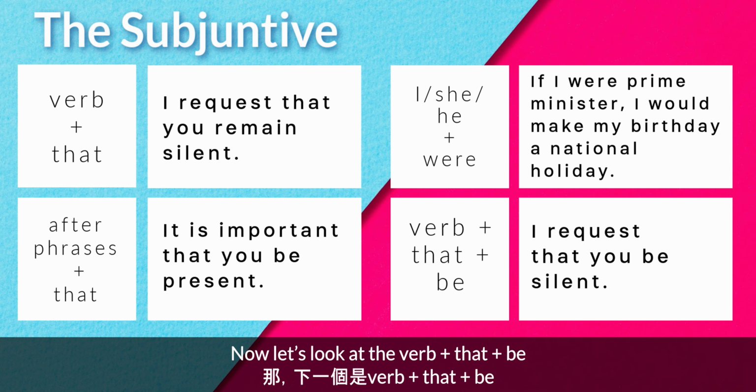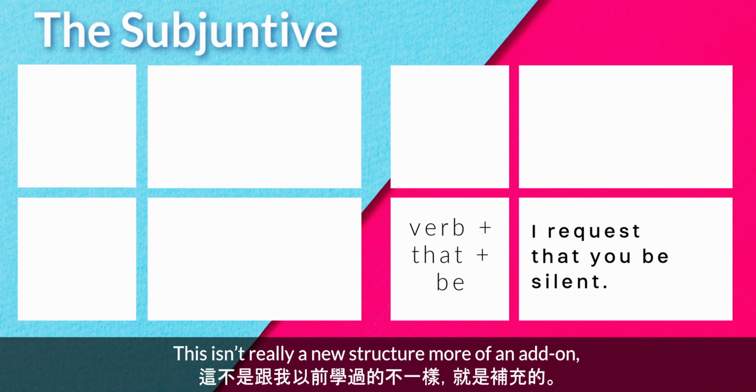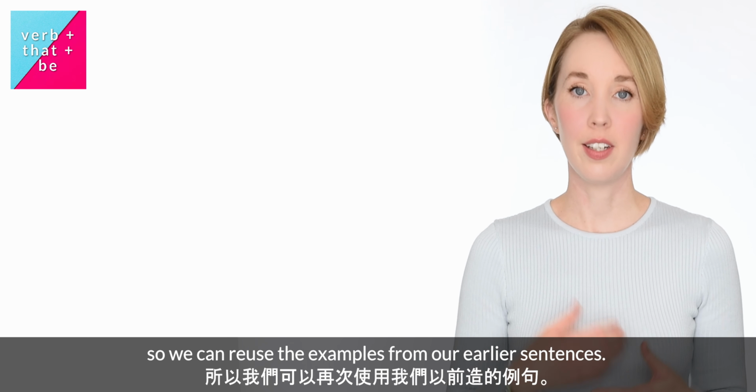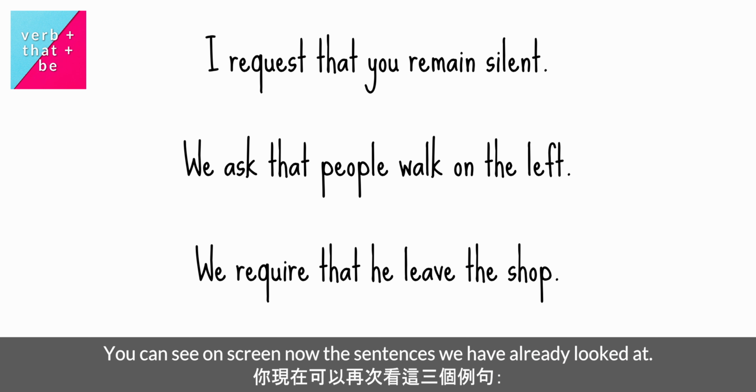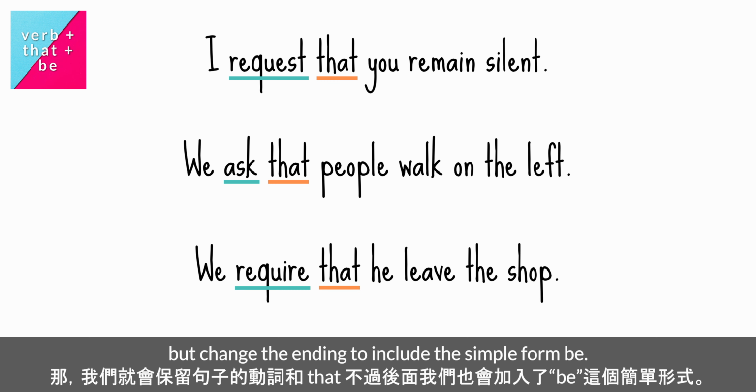Now let's look at the verb plus that plus be. This isn't really a new structure, more of an add-on, so we can reuse examples from our earlier sentences. You can see on screen the sentences we have already looked at. Now, we're going to keep the verb and the word that, but change the ending to include the simple form be.